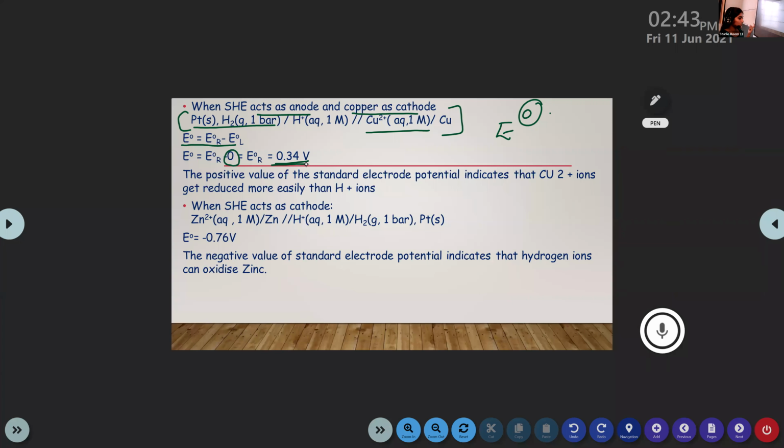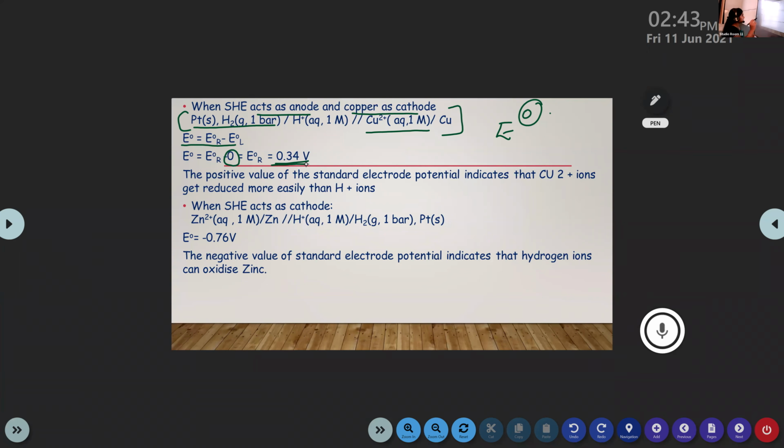We can measure it using a voltmeter. We just mixed the standard hydrogen electrode as anode and copper as cathode, and after this chemical reaction, 0.34 volt is observed in the voltmeter.